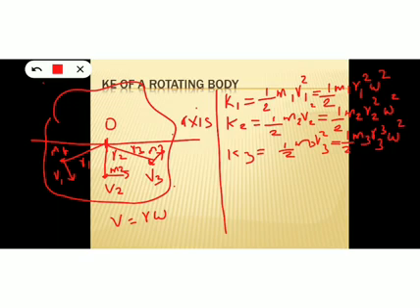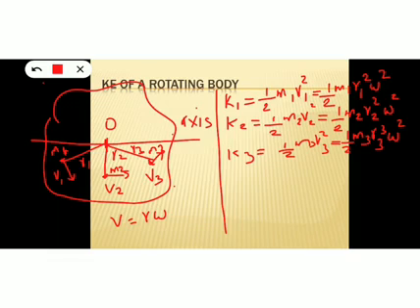No need to write omega 1, omega 2, omega 3, because the body is rotating with the same angular velocity omega. So inside the body all the particles also rotate with the same angular velocity omega. The angular velocity does not change with the particles.